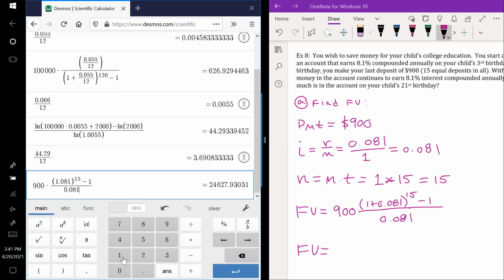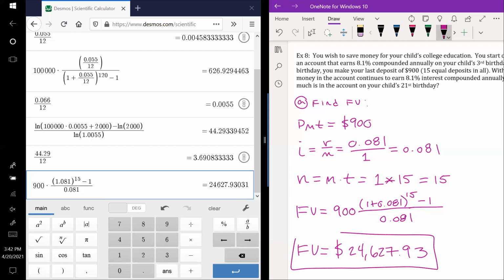And on your child's 17th birthday, they will have $24,627.93. So there's the future value.